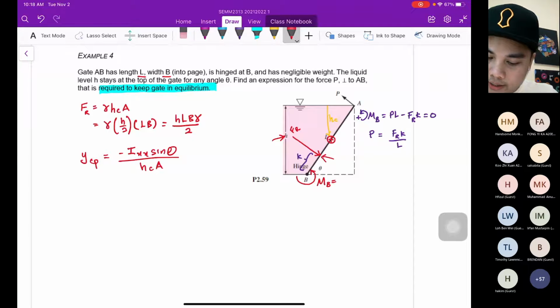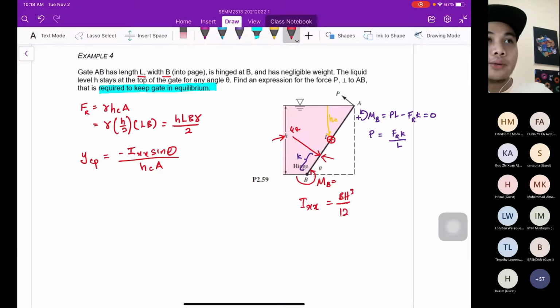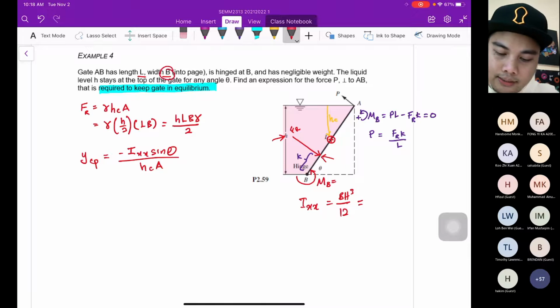We know that the IXX, the moment of area for the gate, is BH cube over 12. This is rectangular, so the H should be the total length and the B is the width. So BL cube over 12.